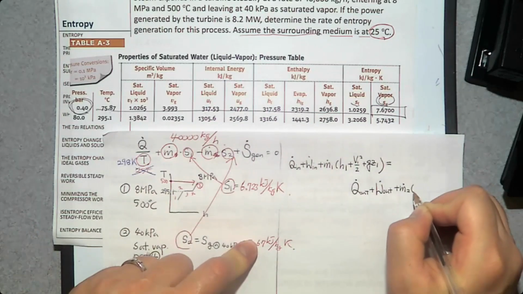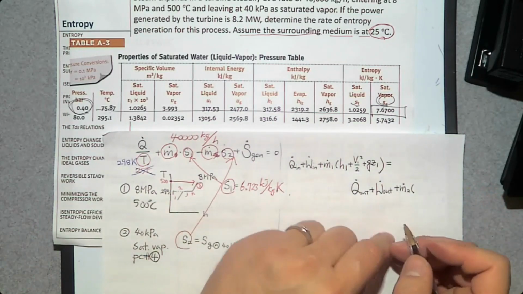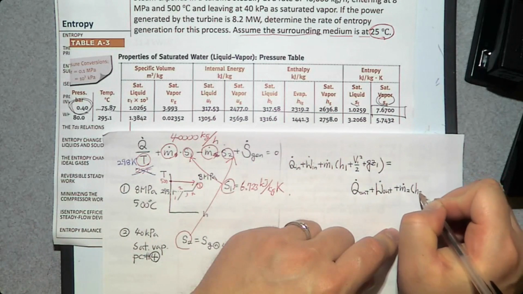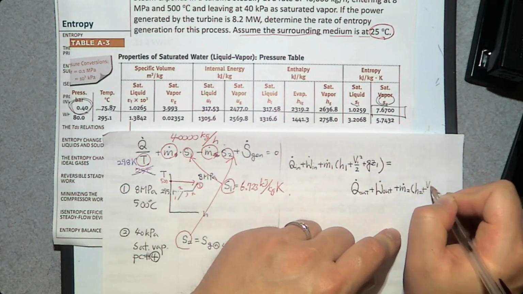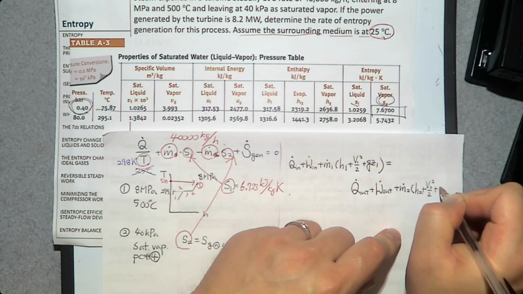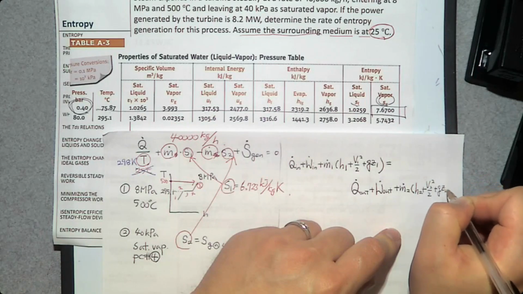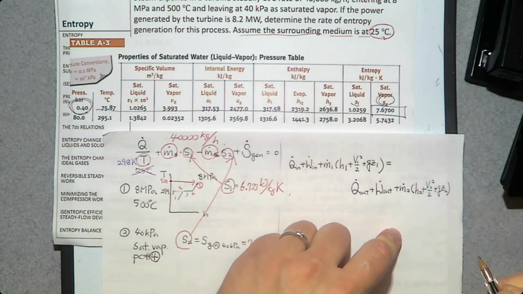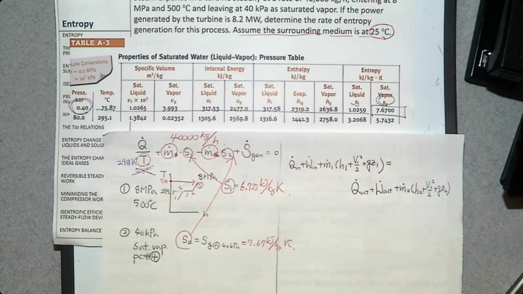This one has h2 plus V2 squared over 2 plus gravity times elevation z2. That's it, right? Now it's a fun time.